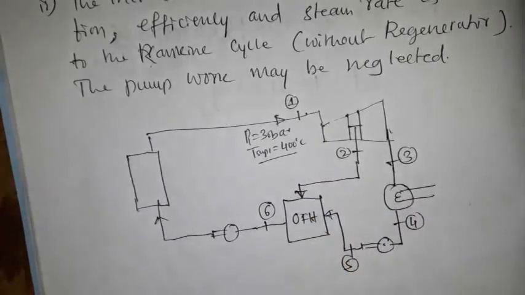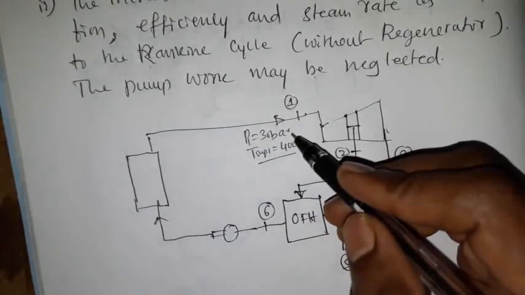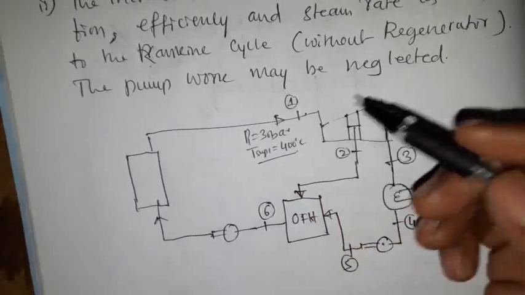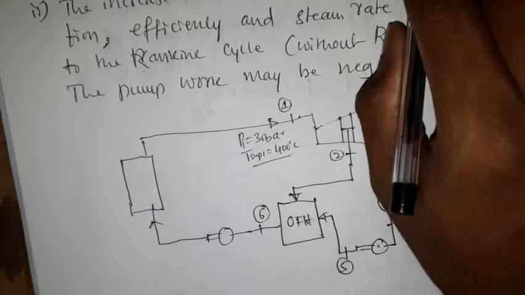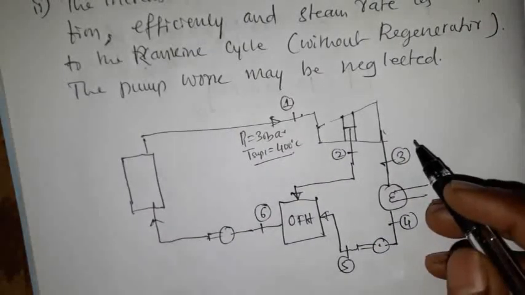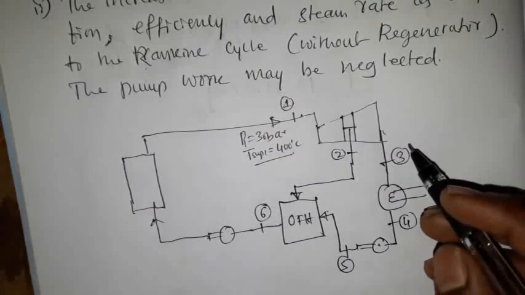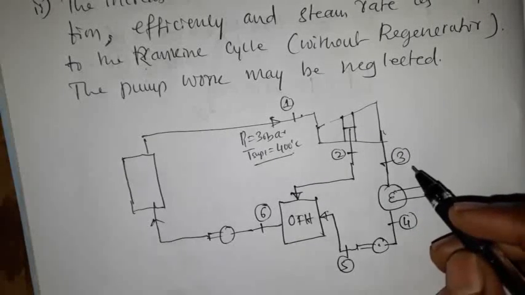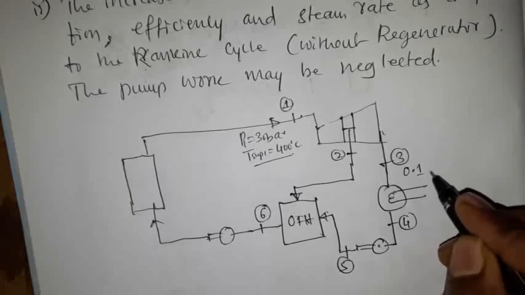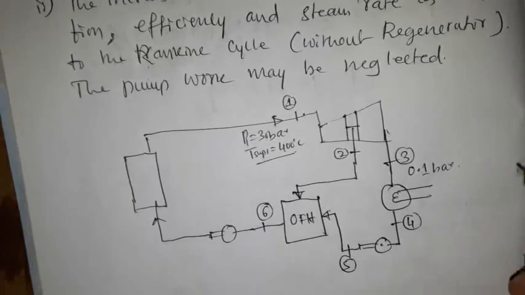If you open the steam table and look at the saturation temperature against 30 bar, it is definitely less than 400 degrees Celsius. The exhaust pressure is 0.1 bar, meaning the condenser inlet pressure after coming out of the steam turbine is 0.1 bar.